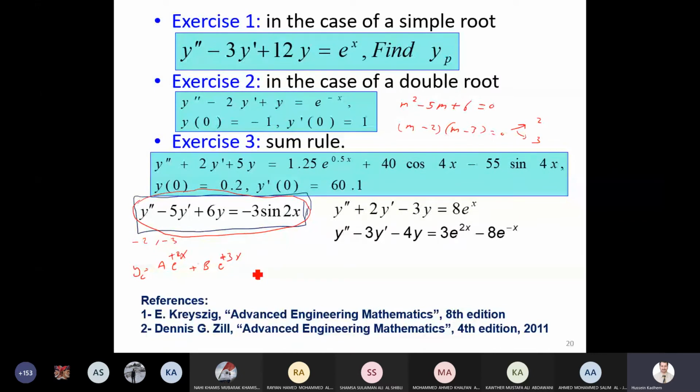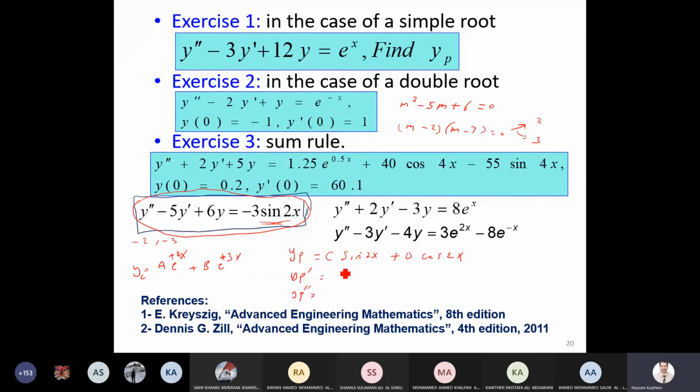Now next, I will go for the particular. I will say from the table, yp, just a minute, this is sine. So I go to the table. The table tells me it is c sine 2x plus d cosine 2x. Okay, now I need to find yp dash and yp double dash because I will substitute.